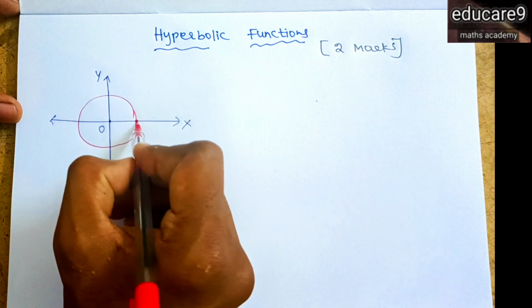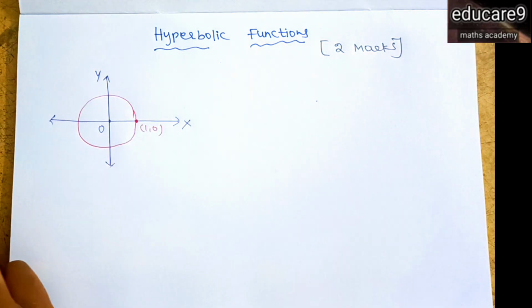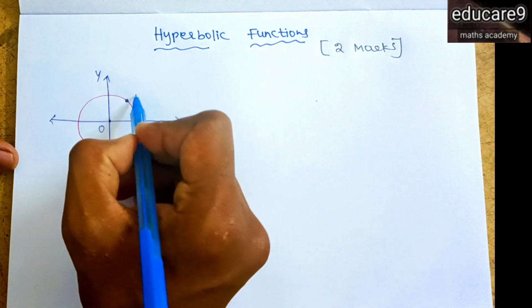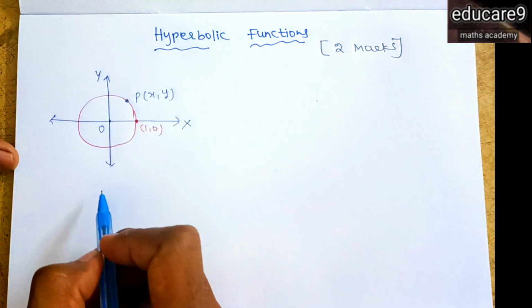So clearly this is the point (1, 0). Let us consider any point P on the circle, for example, this is the point P (x, y).